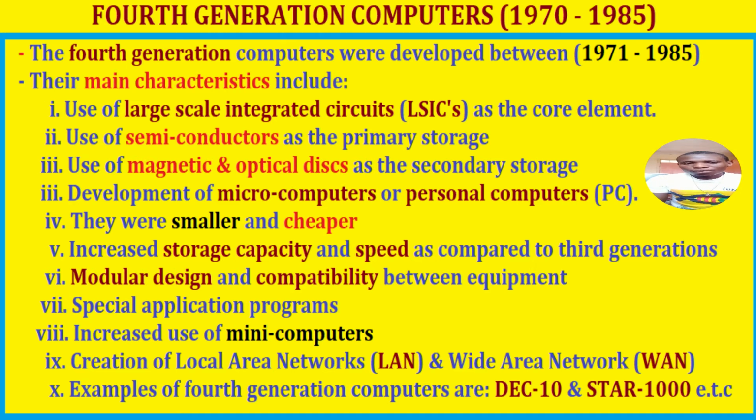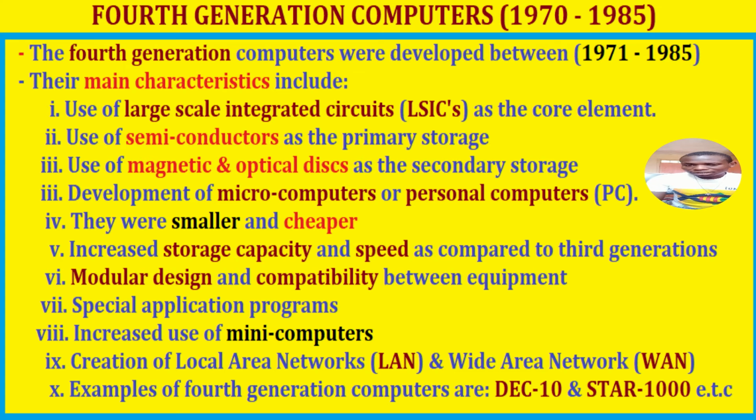The machines were smaller and cheaper. The machines had increased storage capacity and speed as compared to the third generation. The machines had modular design and reliability between equipment.